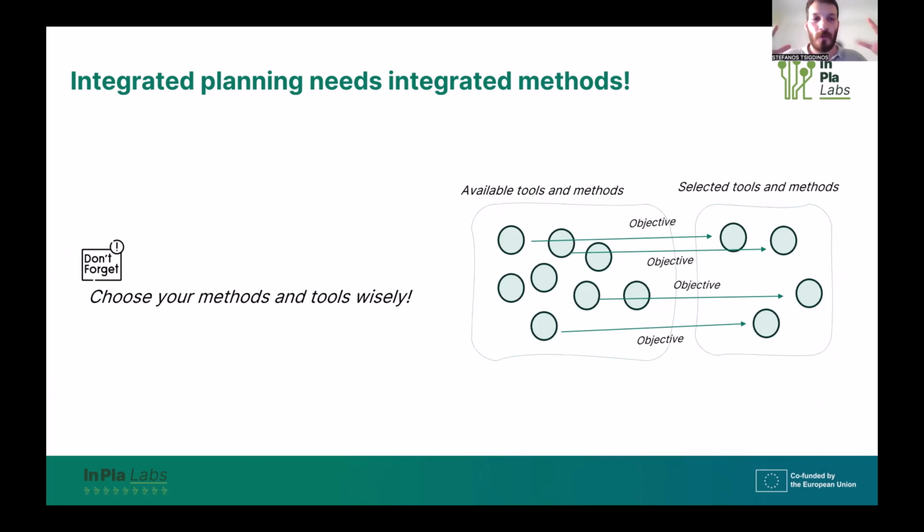So when we talk about mixed methods, something that Dionysia mentioned, and I really like that, is about choosing our methods wisely, based on what we want to do or what we have as a priority as a community or as a neighborhood or as a city or as a country or as a union of countries and stuff like that.